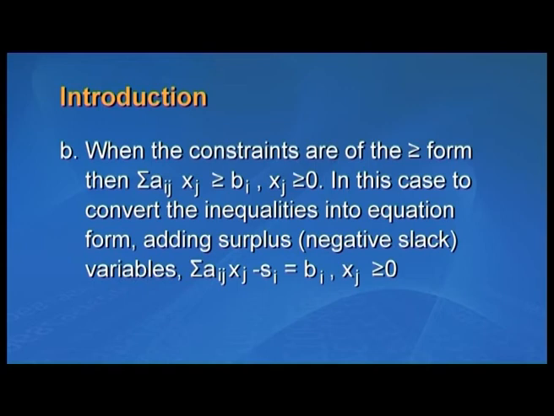When the constraints are of the greater than or equal to form, then summation aij xj is greater than or equal to bi, xj is greater than or equal to 0. In this case, to convert the inequalities into equation form, we add surplus, or negative slack, variables: summation aij xj minus si is equal to bi, xj is greater than or equal to 0.